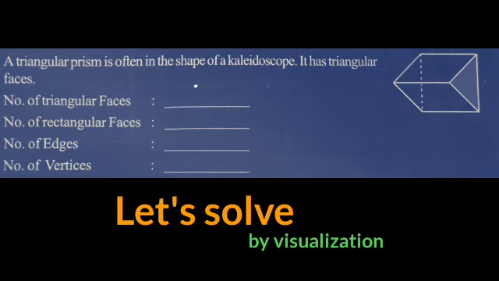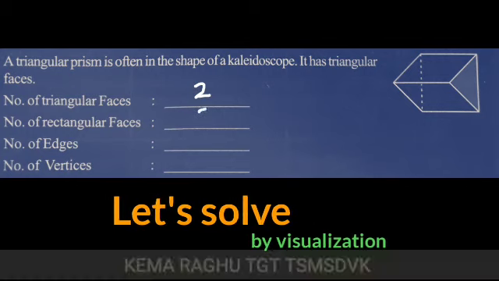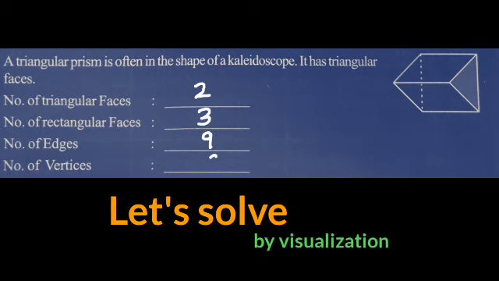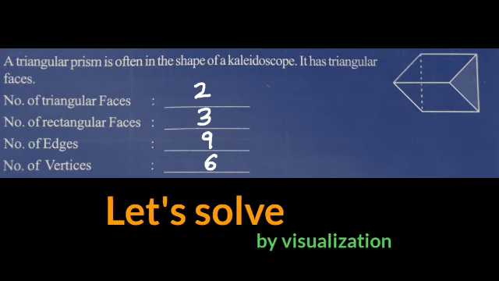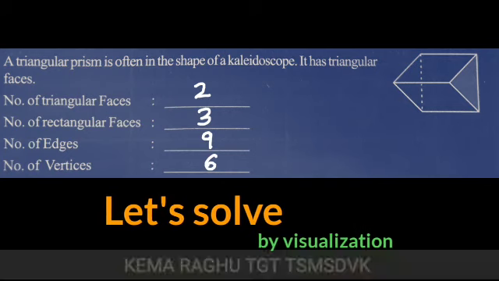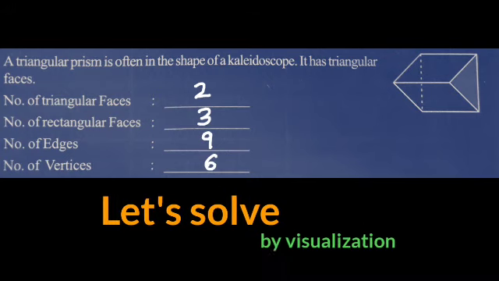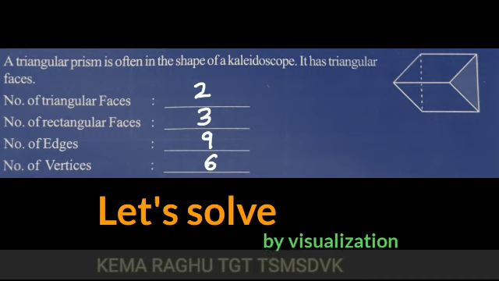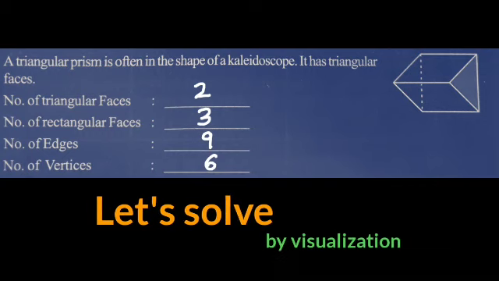Now you notice there is a triangular prism which has 2 triangular faces and 3 rectangular faces, and the edges are 9. You can count the straight lines and the number of vertices, that are the points. Corners are 6, as you can notice in the figure. You can make a triangular prism.